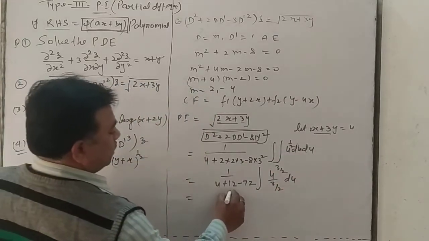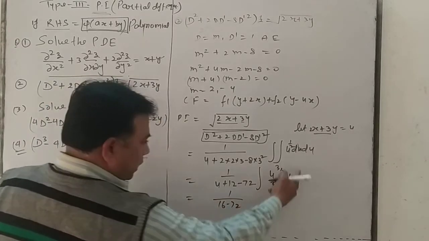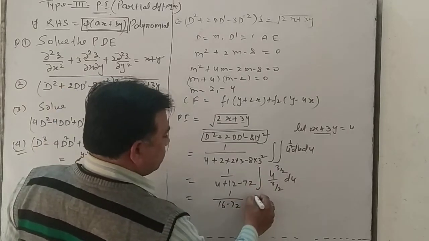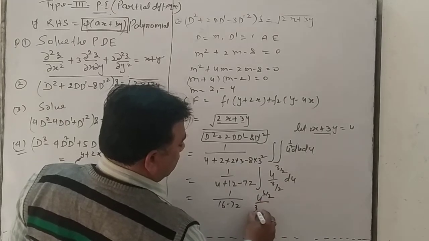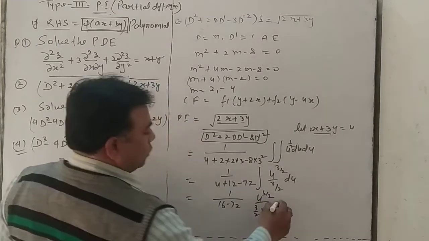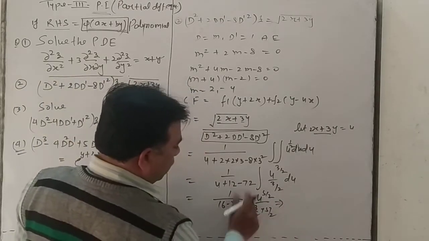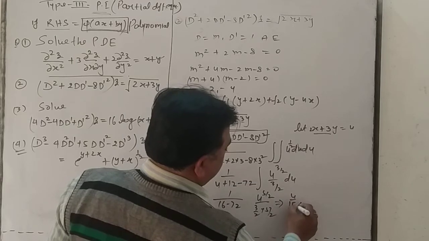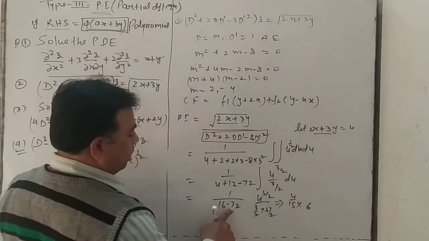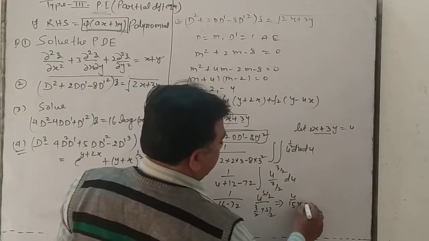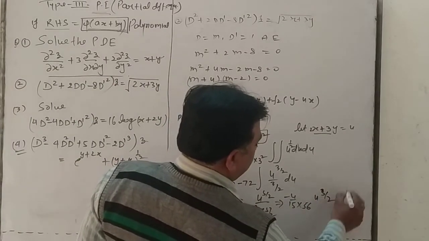So the value of this is 1 upon 16 minus 72. Integrate again this function: u to the power 5 by 2 upon 3 by 2 into 5 by 2. It implies that 72 minus this value, 4 upon 15, into u to the power 5 by 2.